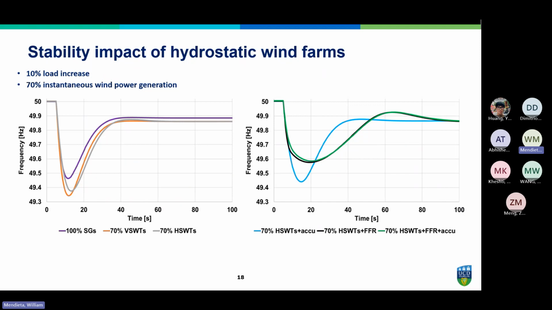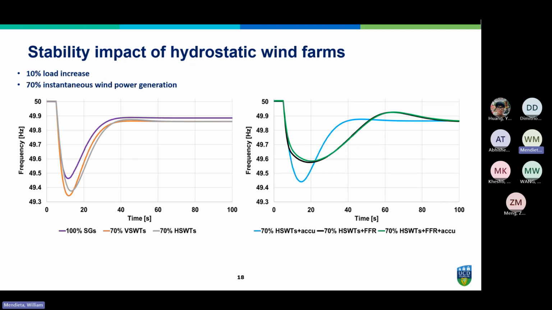It can be observed that we have a better response with only the synchronous generators than with the rest of the cases, because we are losing some inertia, so the frequency nadir is lower for the two cases.